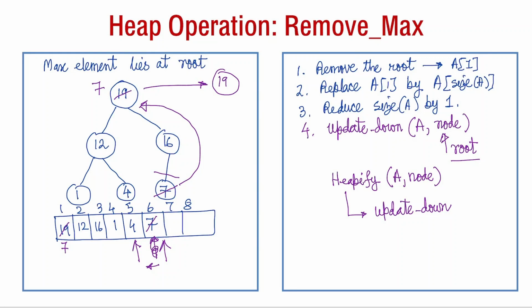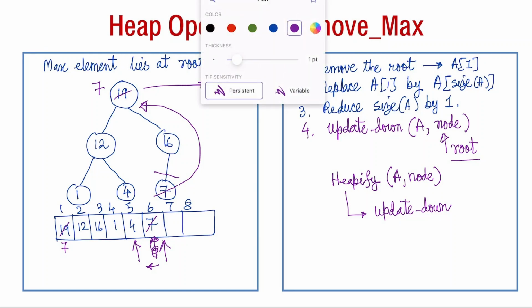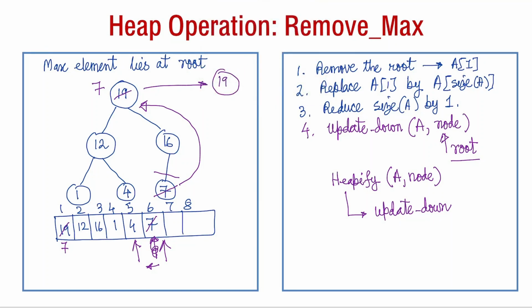The update down works in a very straightforward manner. Just like the update up compares the parent, the update down compares the 2 children. And if the node at the root here is less than the larger of the 2 children, it exchanges it with the larger of the 2.